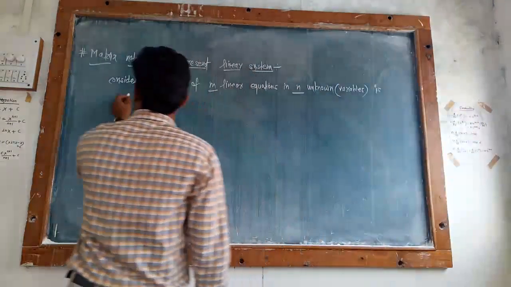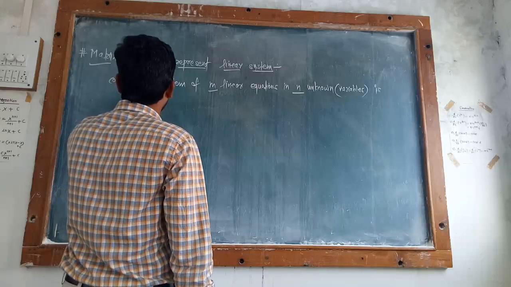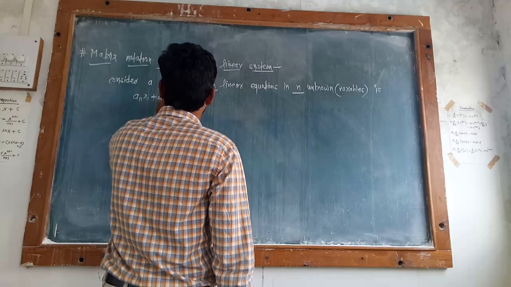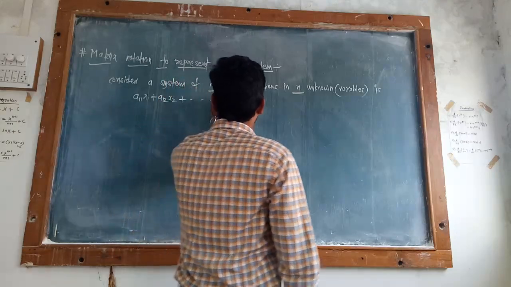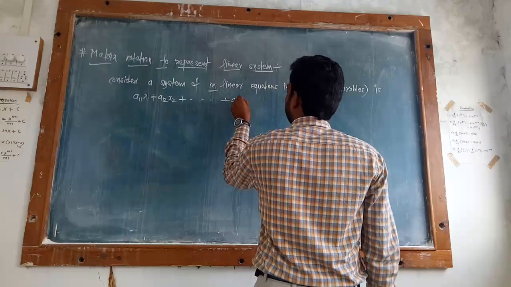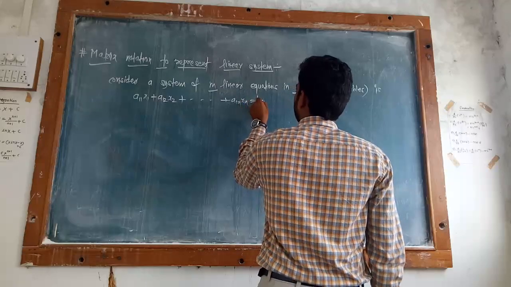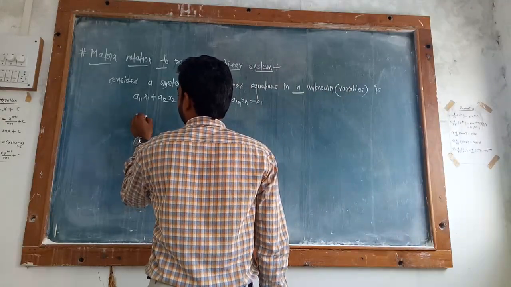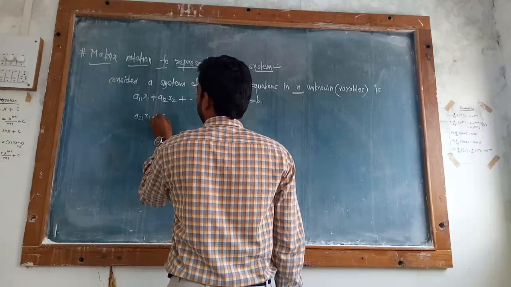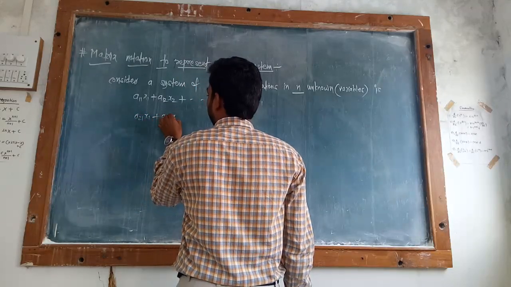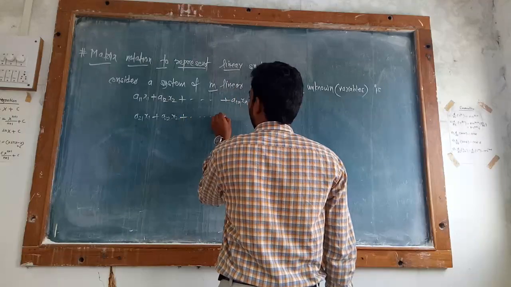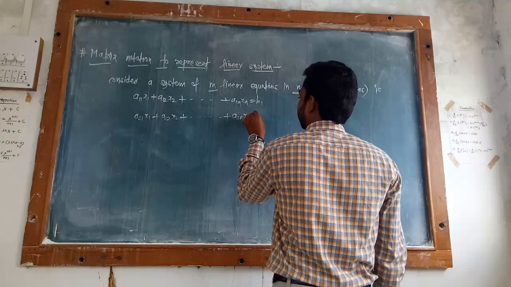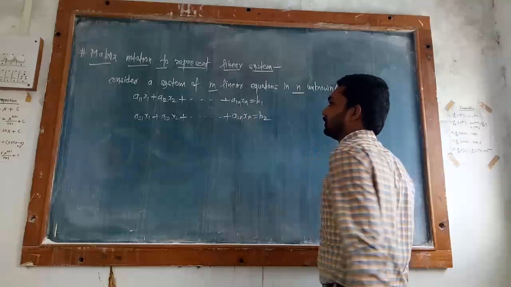the first equation becomes a11 x1 plus a12 x2 plus up to a1n xn equal to b1. The second equation becomes a21 x1 plus a22 x2 plus up to a2n xn equal to b2.